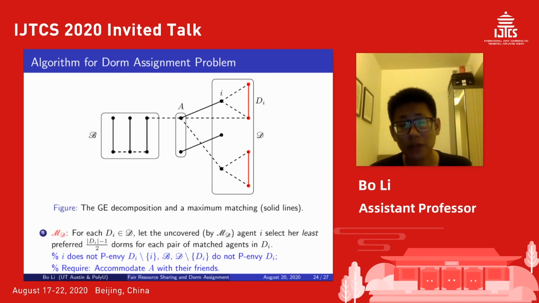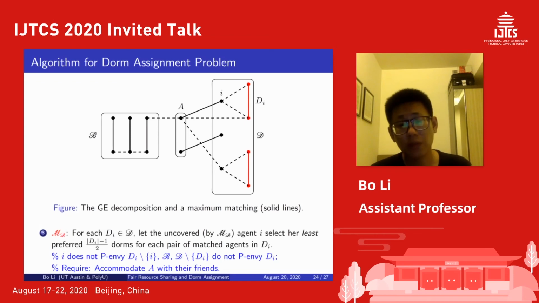After this step, we know that all the agents in the other odd components will not Pareto envy these agents because they are not connected. And agent i will not envy them because agent i selects her least preferred dorms for them. So this is also okay. And agents in the even components in B will not Pareto envy them because they are not connected, and agents in B already have a friend in their room.